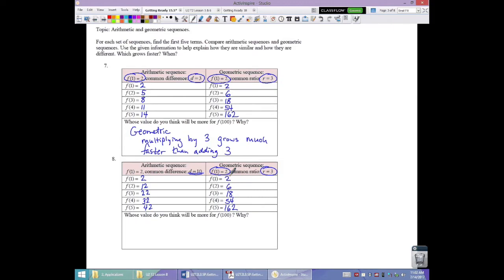So, once again, we're going to have our geometric sequence have a much larger number at f of 100, and it's because it's already larger by f of 4, then continues to grow exponentially.